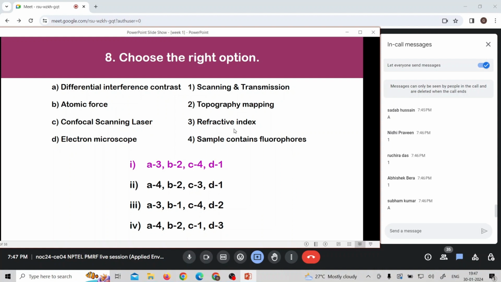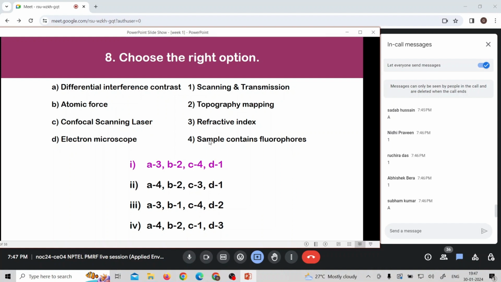And in the confocal scanning laser microscope, the samples usually contain fluorophores, and when you pass laser light through it and collect the reflected light, you get the image based on the fluorophores and the structures to which these fluorophores are attached. And the electron microscope is pretty easy.